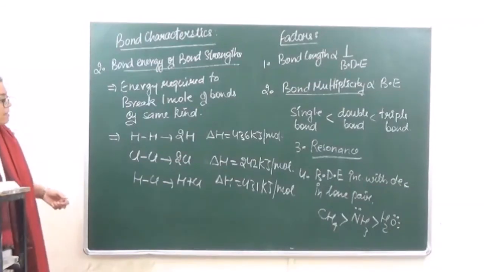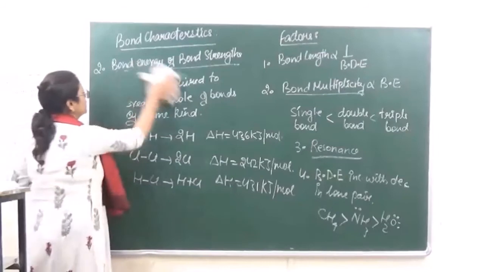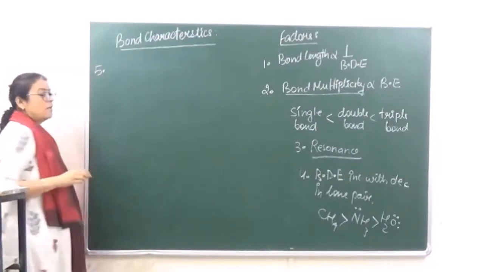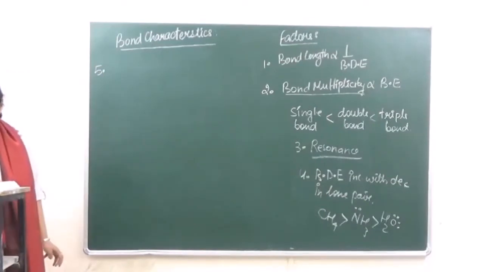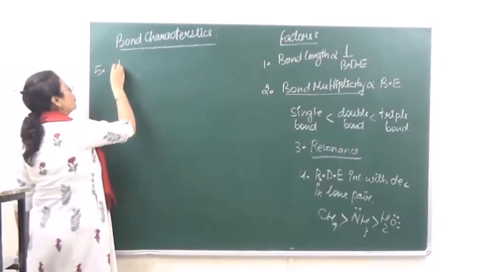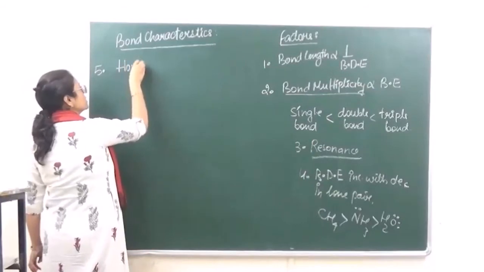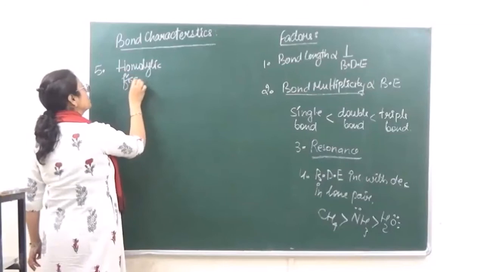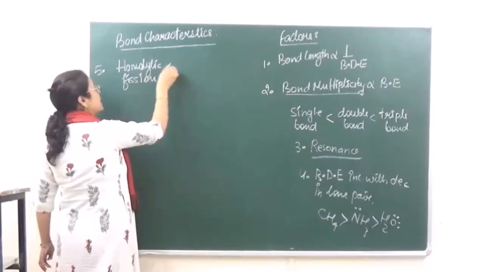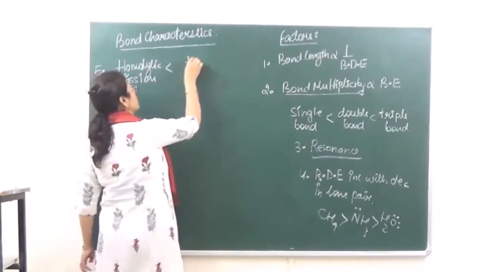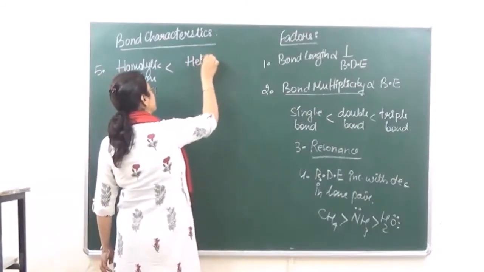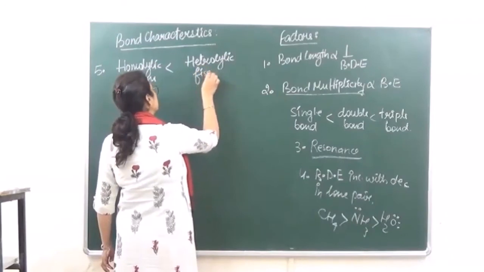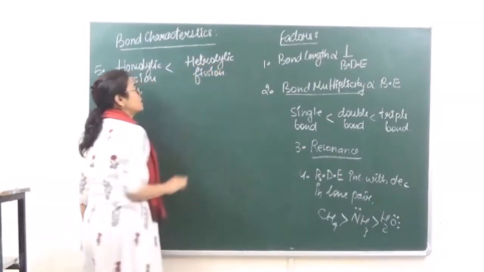Right? Then we have another very, very important factor over here. Number 5. Bond dissociation energy is less for homolytic fission than for heterolytic fission, both these terms over here.